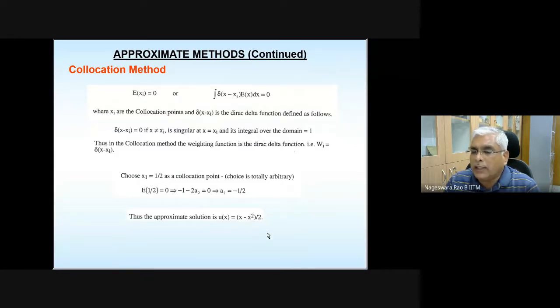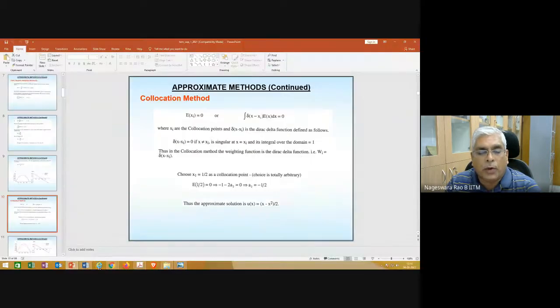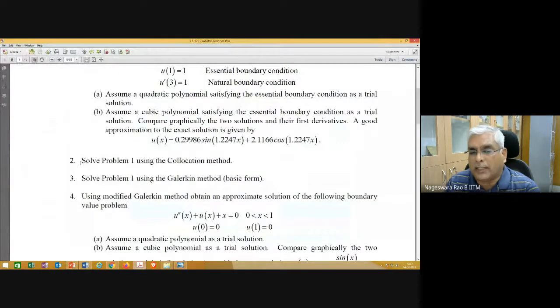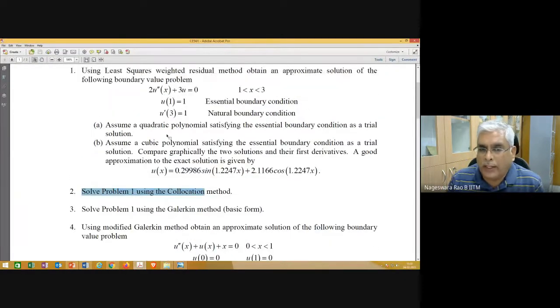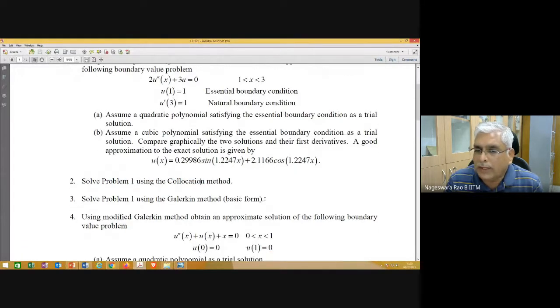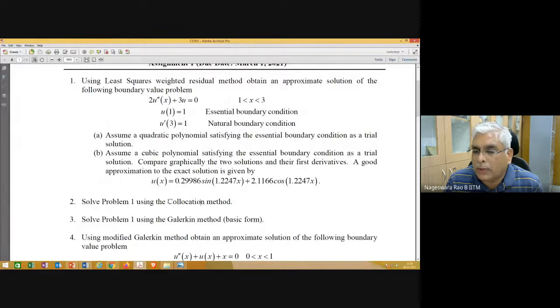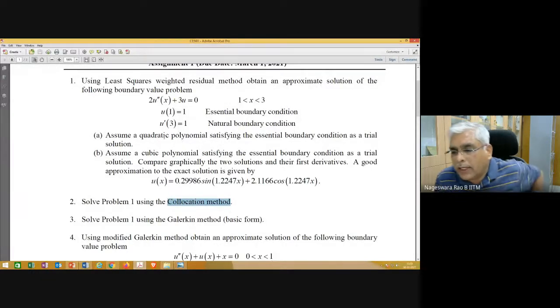And one more thing, if you want to apply this collocation method to the assignment problem, the second problem in the assignment is to solve problem 1 using the collocation method. So you need to select collocation points.